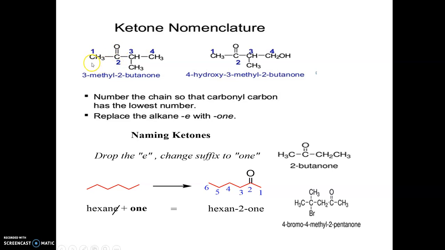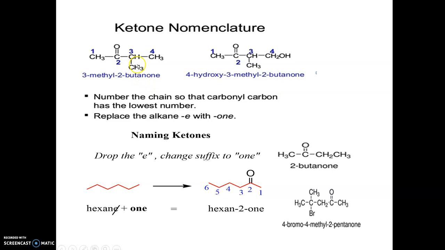So we start giving the number from this side. So carbon atom number 1, the functional group will be getting the number 2, the next 3, and the next 4. So we locate the position of the functional group with the numerical number. That is, we have the functional group attached to the second carbon atom, and hence it is 2-butanone.